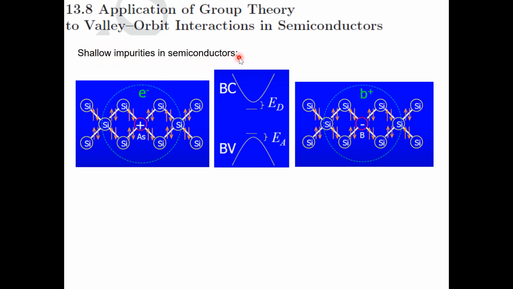What I mean by shallow impurities are either donor or acceptor impurities, and shallow meaning that the binding energy is very small. So they give rise to donor and acceptor levels which are very close to the bottom of the conduction band and the top of the valence band, respectively.